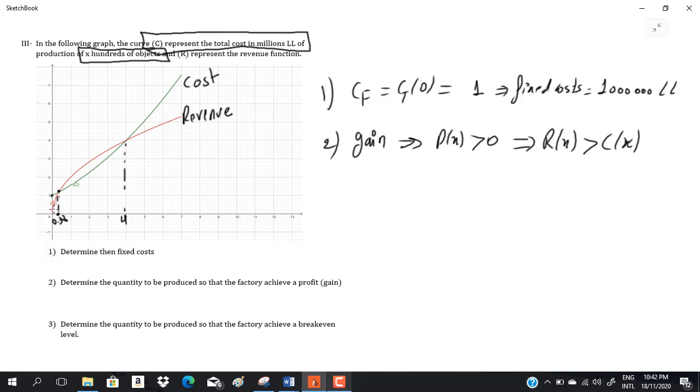In this part of the curve the revenue is below the cost. But in this other part of the curve, the revenue is above the cost.